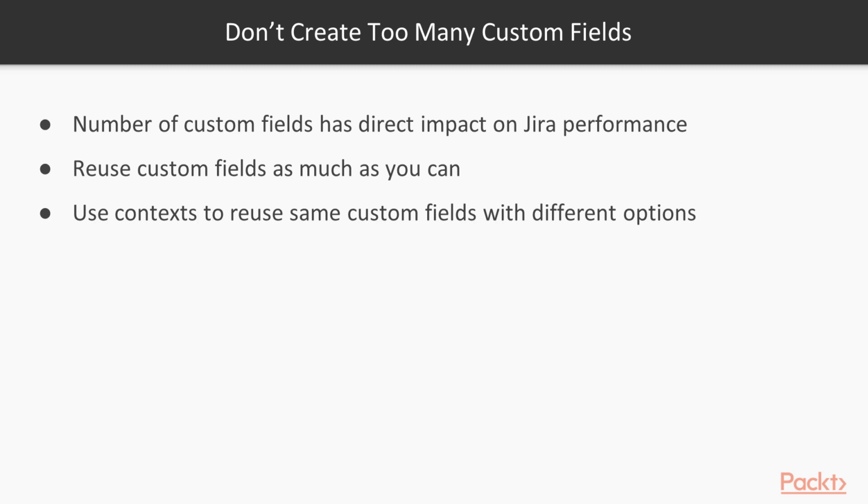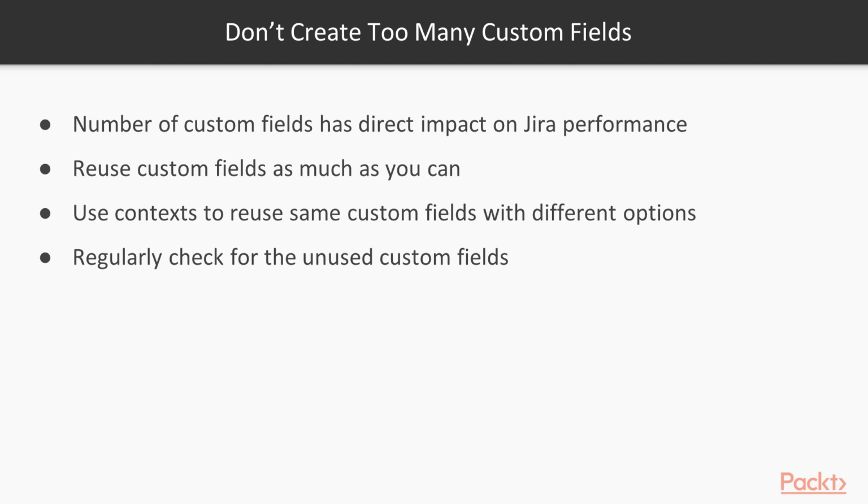For example, let us say there is a new drop-down that you want to add in your project, but in the other project, the values that will appear in that particular drop-down will have different options. So you can use the context for those custom fields. At the same time, also check regularly the usage of those custom fields.